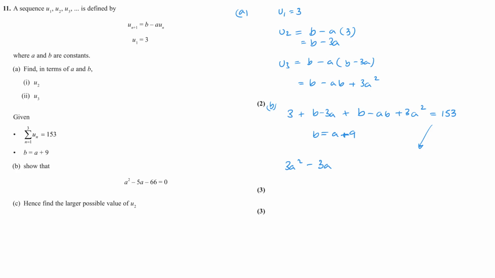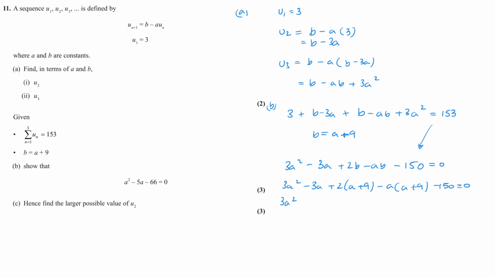B and B is 2B minus AB, and then take away the 153, so minus 150. Now let's substitute in the b equals a plus 9. So 3a squared minus 3a plus 2 lots of a plus 9 minus a lots of a plus 9 minus 150.